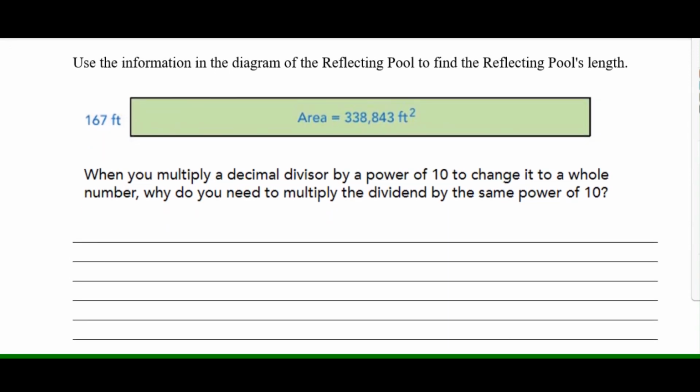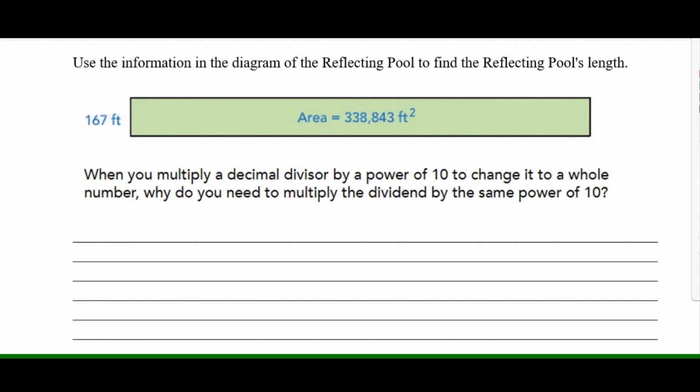All right, so here is the next one. We want to use the information in the diagram of the reflection pool to find the reflection pool's length. So we have a picture here of a pool, and we have an area of 338,843 feet squared. And then we have a width of 167 feet.